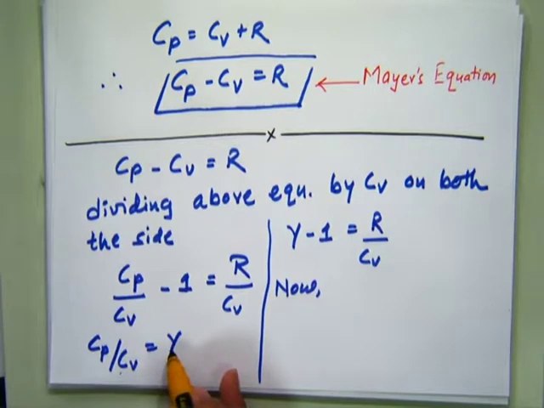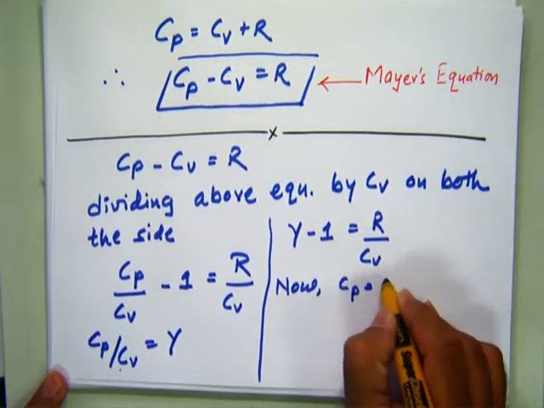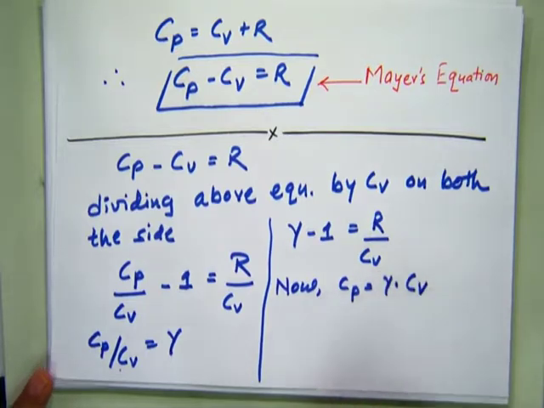Now, Cp by Cv is equal to gamma. So Cp is equal to gamma into Cv.